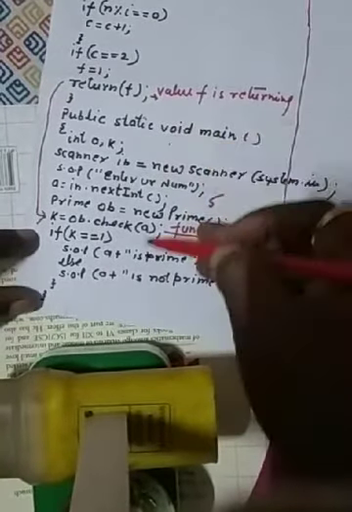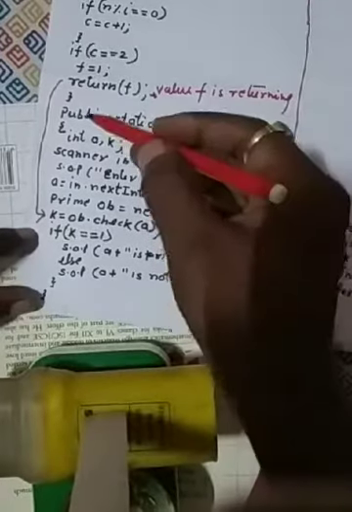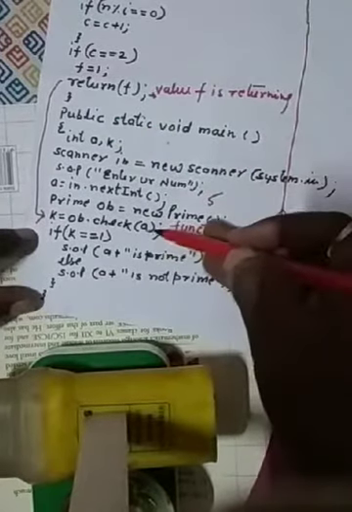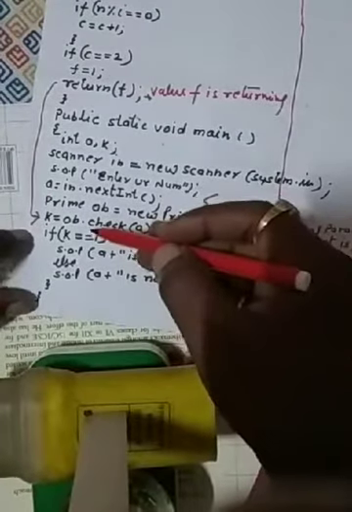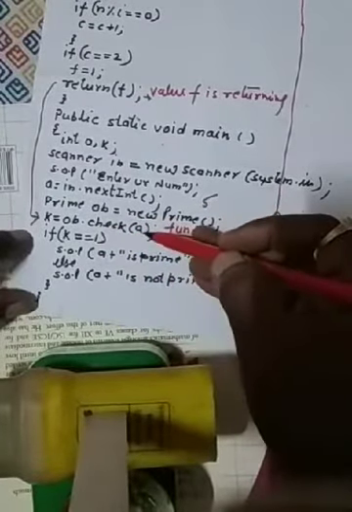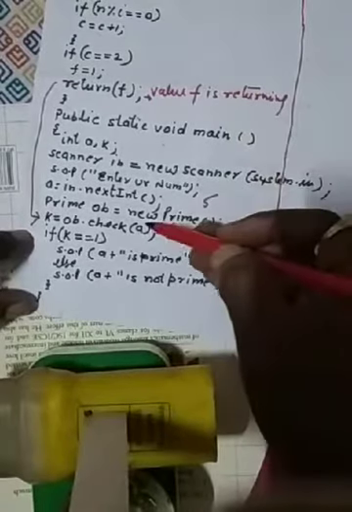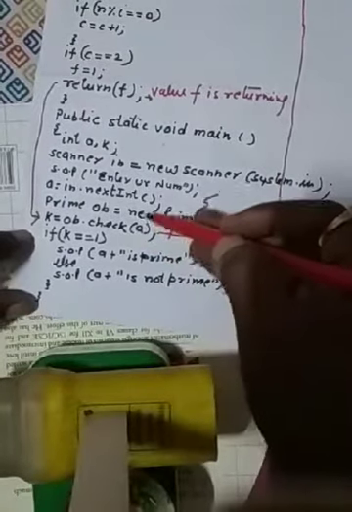Okay, so what is happening here? If you see, this is the main program. When the program runs, it starts from here and comes to this point, where k = ob.check(a). So a is going to be passed into n.